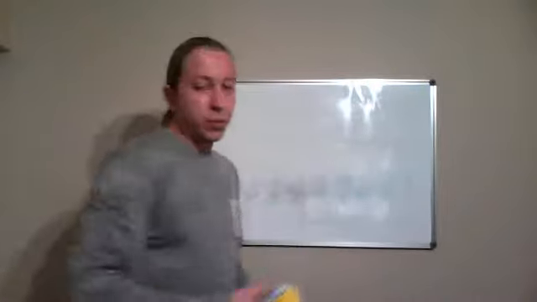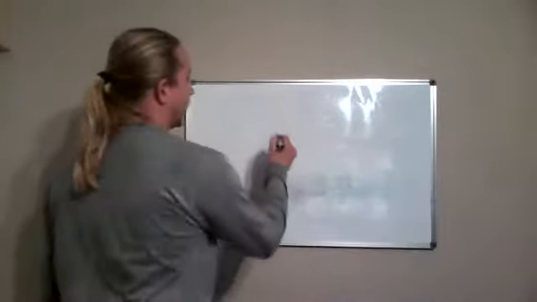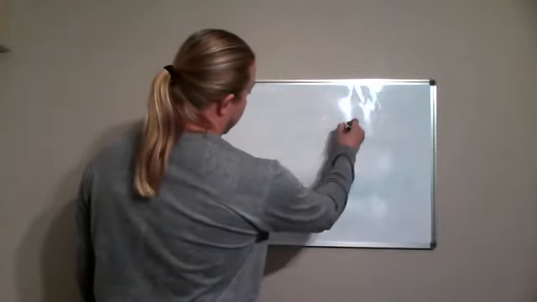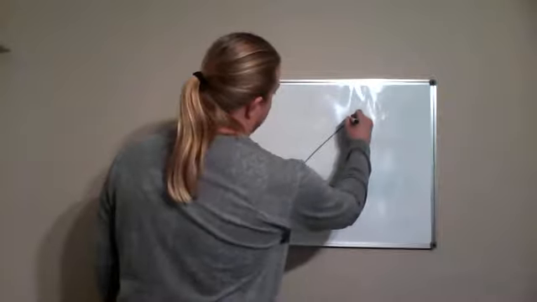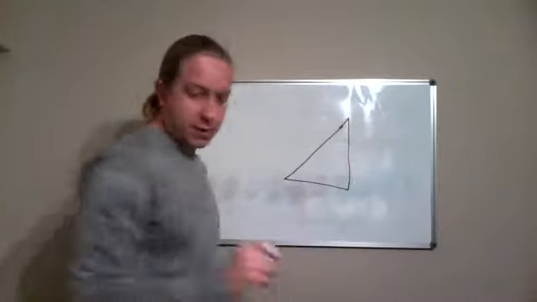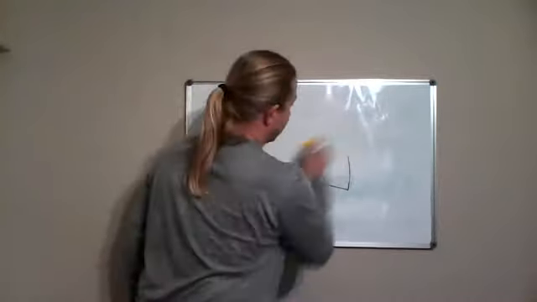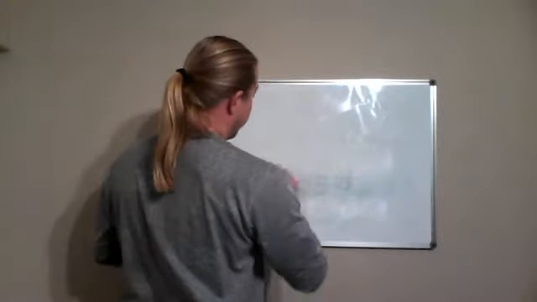Let's first start with what Pythagoras is actually saying. He's saying that we have a right-angled triangle. So let's say I draw my right-angled triangle like that. Okay, no, not like that. We'll try again.